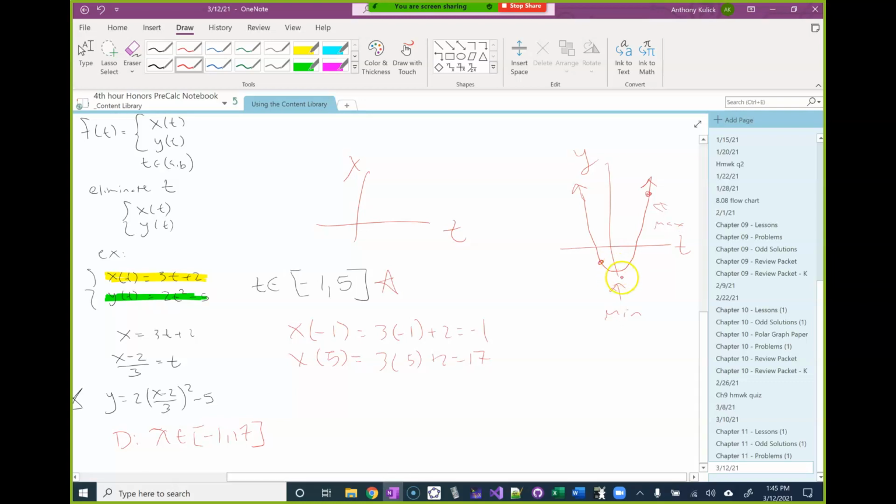So to find this vertex, since this is a quadratic, I'm just going to do -b over 2a to give me the t coordinate. Well, the b value here in my quadratic is 0, right? Because there's no regular t term. So my vertex is just going to be at t equals 0, and y is -5.